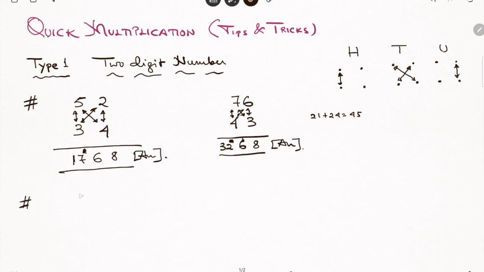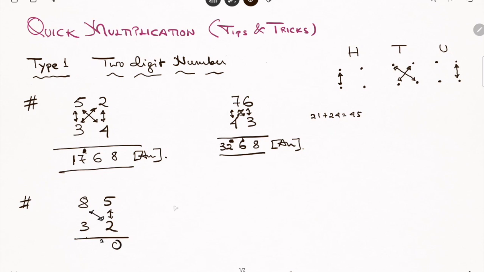The third example is 85 multiplied by 32. So vertically it gives us 10. So we put 0, carry the 1.